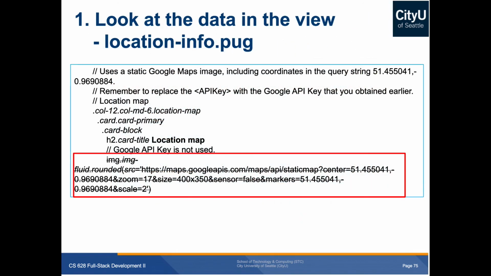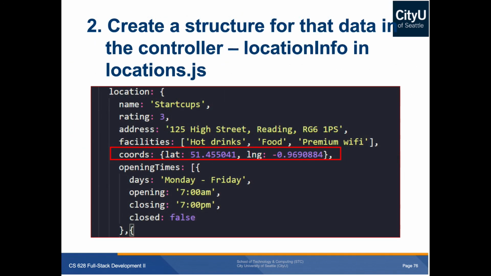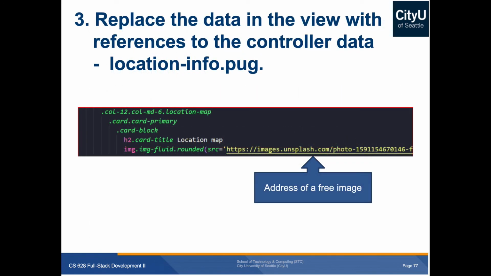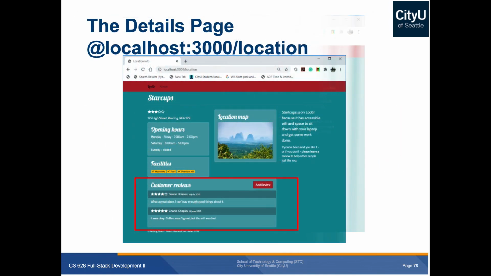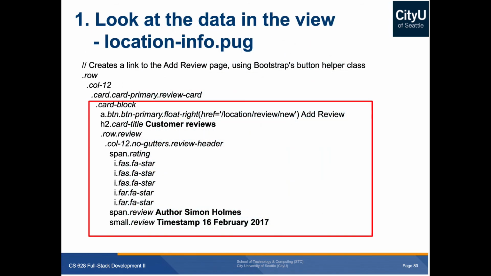Location map. If you did implement a Google API, then yes, you can do this. Or you can hard code coordinates and add a free image instead. So for the reviews part, you do want to add review and the stars.